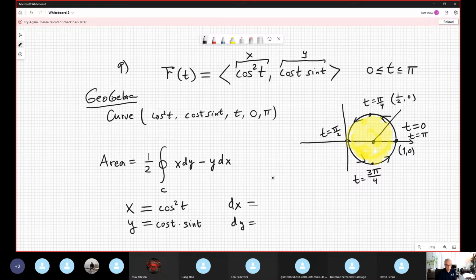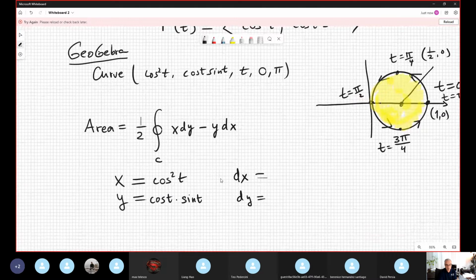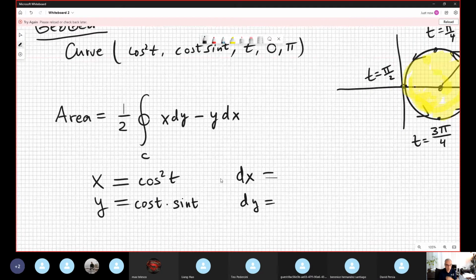And be careful, because when you apply the chain rule, the outermost function is a power, 2. So you subtract 1 and put the 2: 2 cosine t, and the derivative of cosine is minus sine t, dt. And don't forget dt, because we are working with differentials, dx, something dt. So the idea is clear.